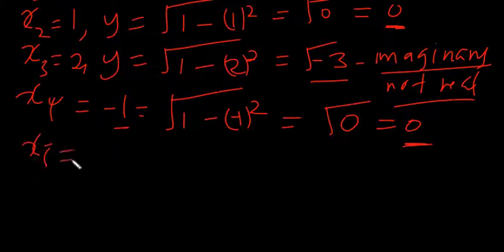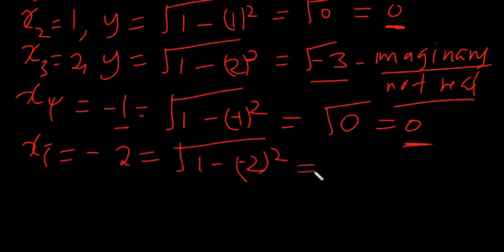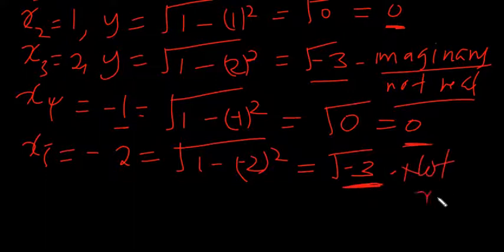If we take x5 to be negative 2, it will be root of 1 minus 2 squared. This will give you root of negative 3. Believe me, this is imaginary, so not real.